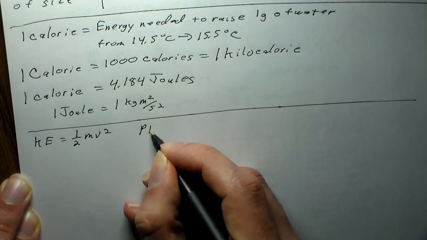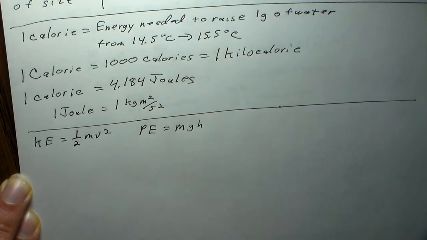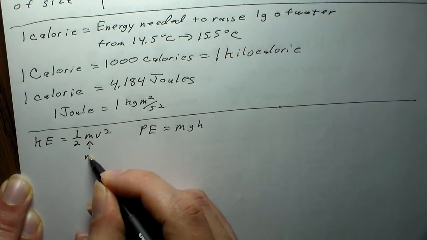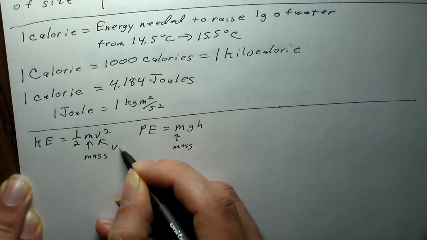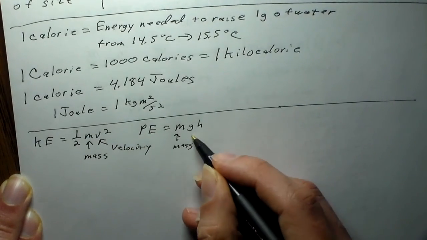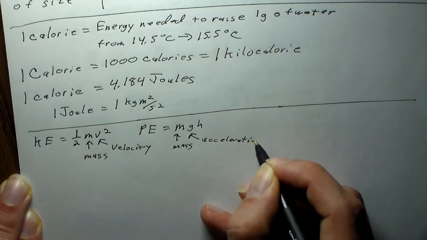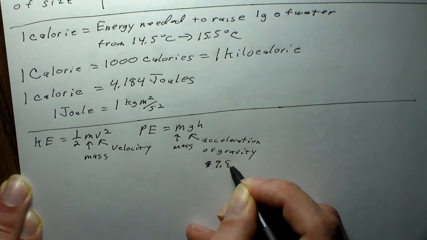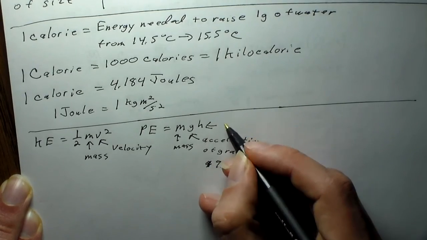And then there's also the gravitational potential energy, which is equal to mgh. Okay, so in both of these cases here, the m is going to be my mass, and then here this v is going to be my velocity. The g in this case is the acceleration of gravity, which is 9.8 meters per second squared, and h in this case is the height.